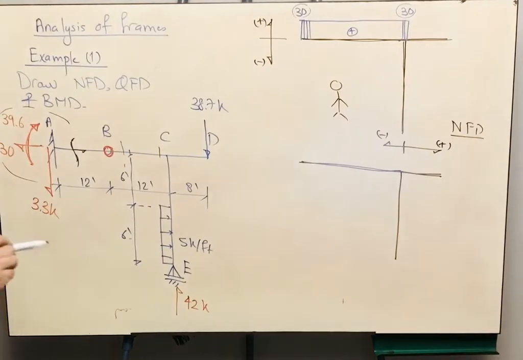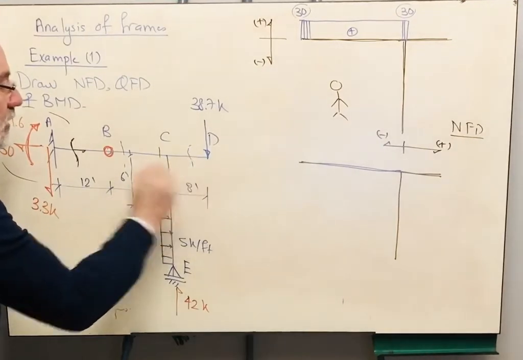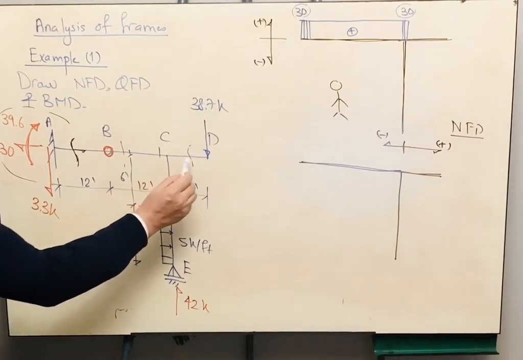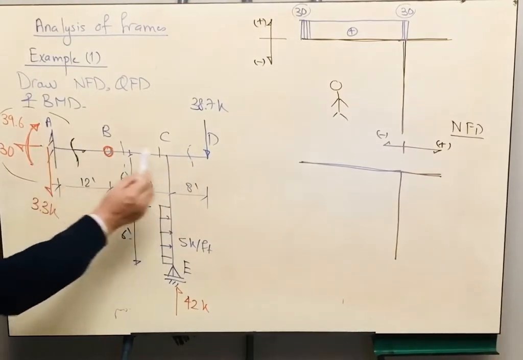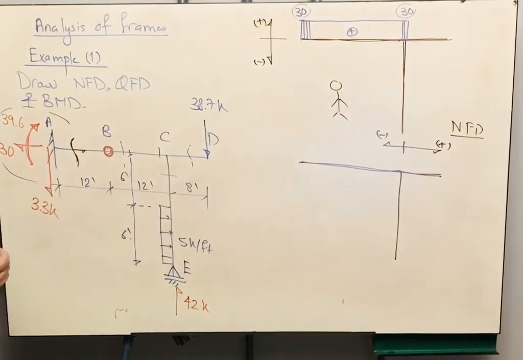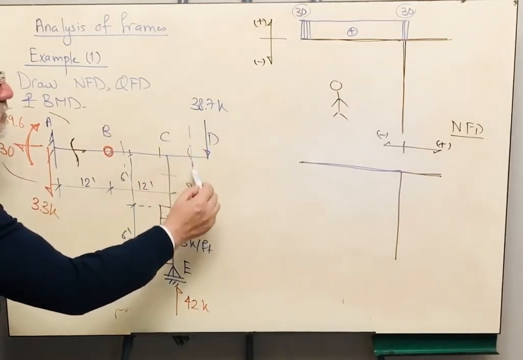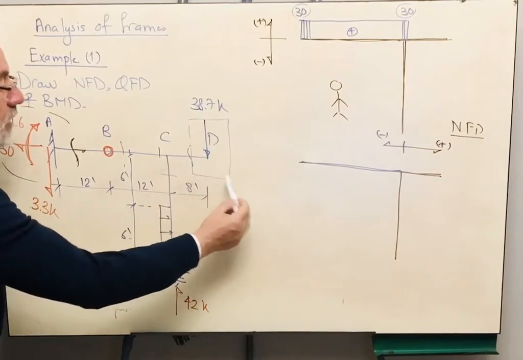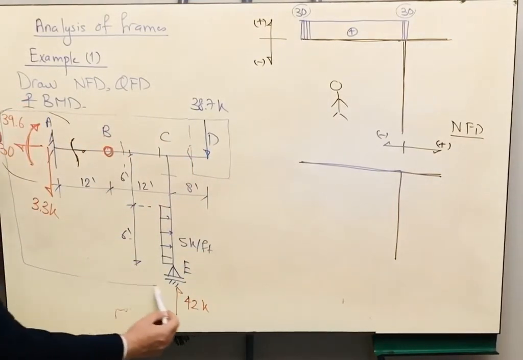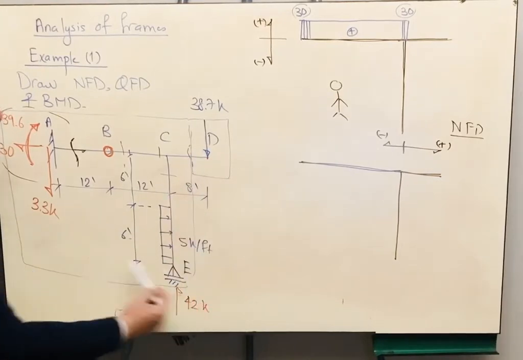Very good. If we cut a section here like this, now if you cut a section, don't tell me you are taking this part only, because if you are taking this part only, you will be cutting through another section here. You have to take either the right hand side or the entire part of the frame left hand side without cutting another section.